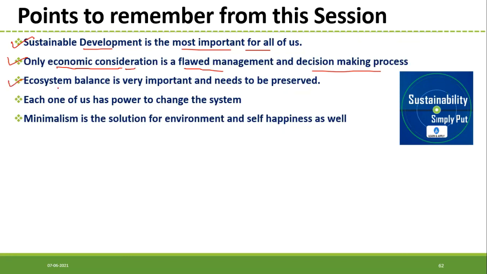Third, ecosystem balance is very important and needs to be preserved. We should give importance to the ecosystem as well, or first importance should be given to the ecosystem. Next, each one of us has the power to change the system. We can vote with our lifestyle. And the last one is that minimalism is the solution for the environment and for self happiness as well.